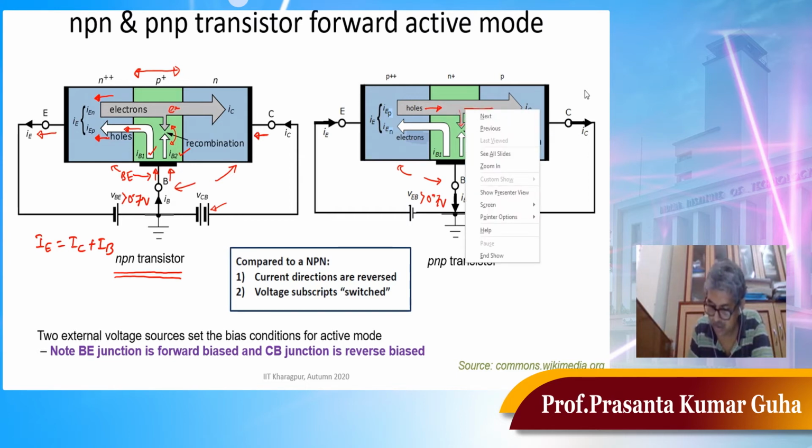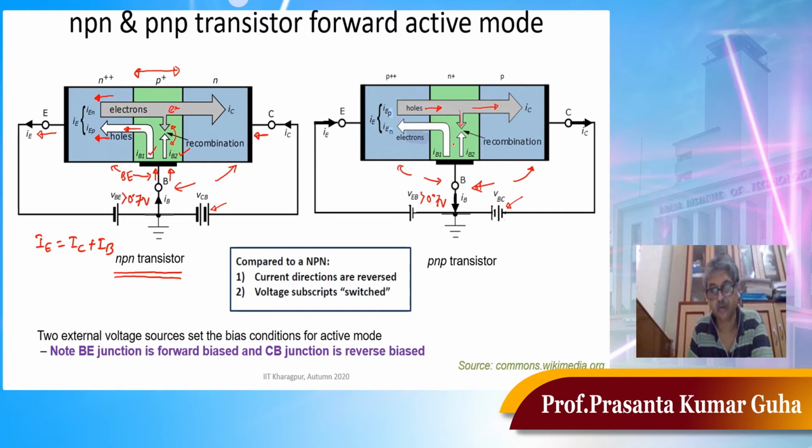Simply because the negative terminal of the supply voltage will drag those holes so that they will reach the collector. If we look at the current on the emitter side, there is current because of the movement of holes from emitter to base, that is IEP.